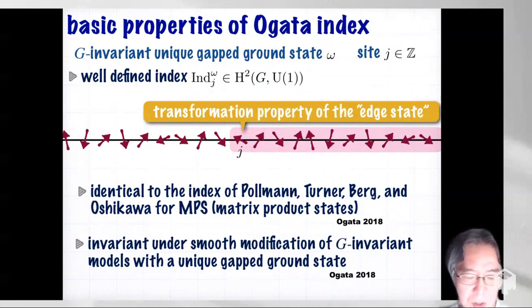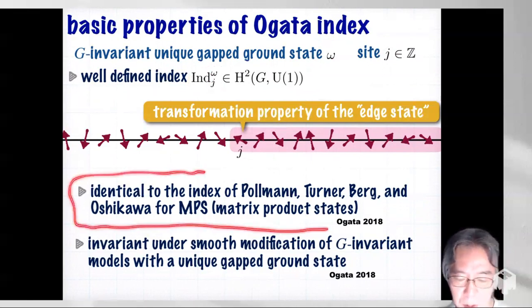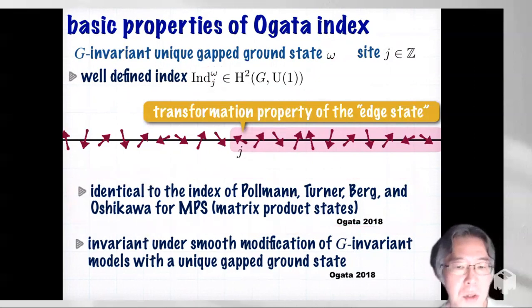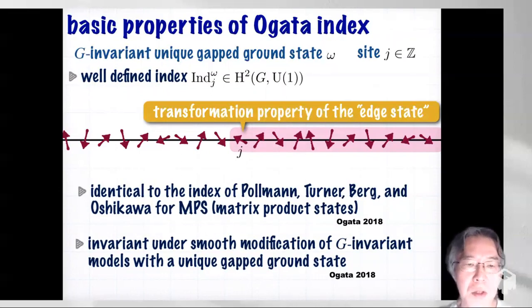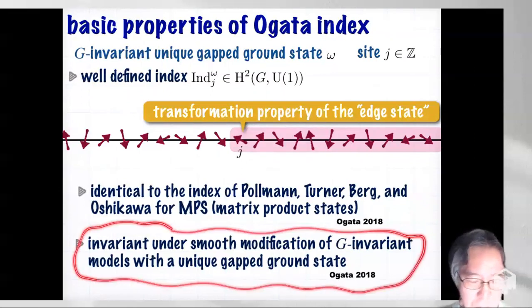First of all, this is a very important non-trivial theorem that Yoshiko Ogata proved: her index is identical to the index of Pollmann, Turner, Berg, and Oshikawa if we restrict ourselves to injective matrix product states. This is very important. So this is a strict generalization of the Pollmann, Turner, Berg, Oshikawa index. And this is a non-trivial, very difficult theorem proved by Ogata.